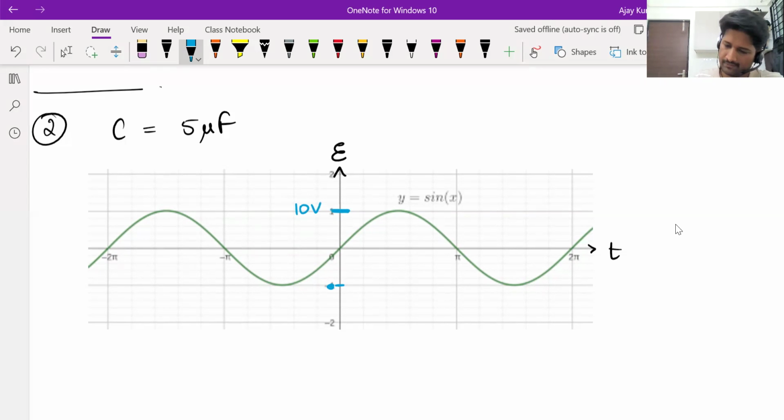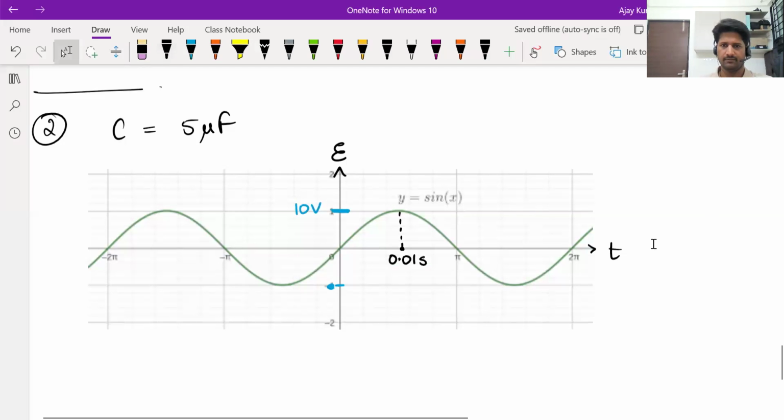And let's say one time is given to you. Assume this time is 0.01 seconds. So you are given the sinusoidal EMF graph.